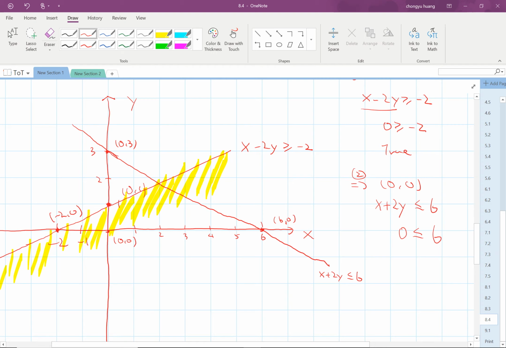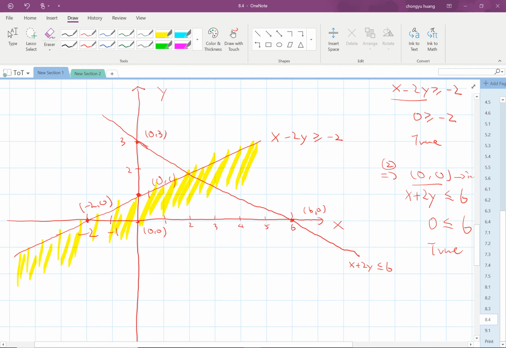So you check whether the statement is true or wrong. 0 is less than 6, so the statement is true. That means 0, 0 has to be included.